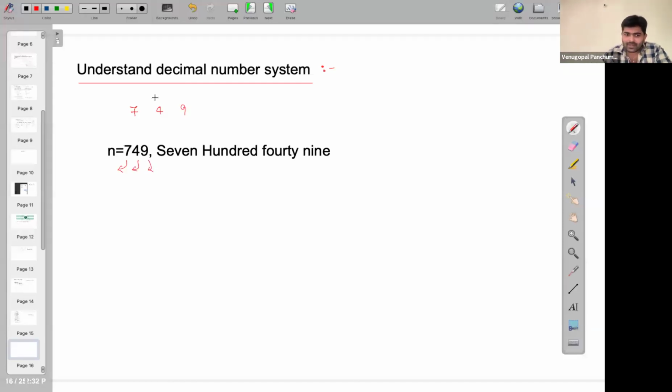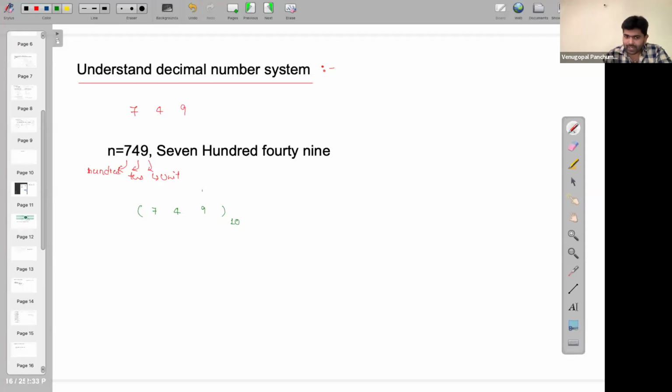Am I correct? 7 is in the hundreds place, this is the tens place, this is the units place. I think in school days you might have studied these things. So this 749 is actually in base 10 by default.